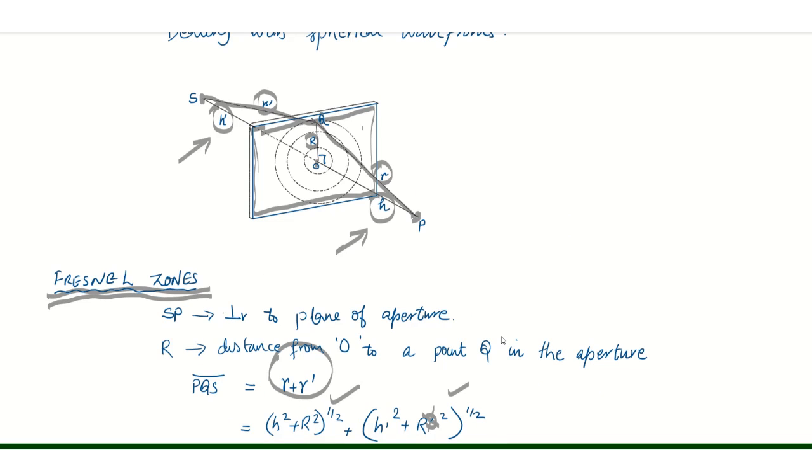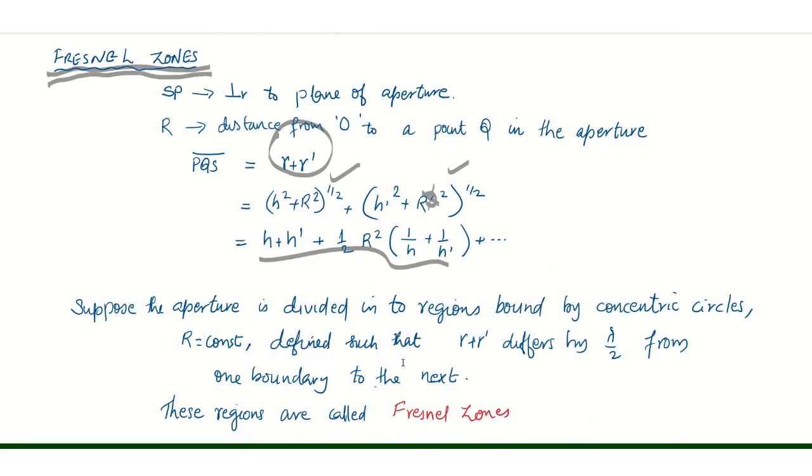Now see these dotted lines, all these dotted circles. What it does is to divide the aperture into what is called Fresnel zones.